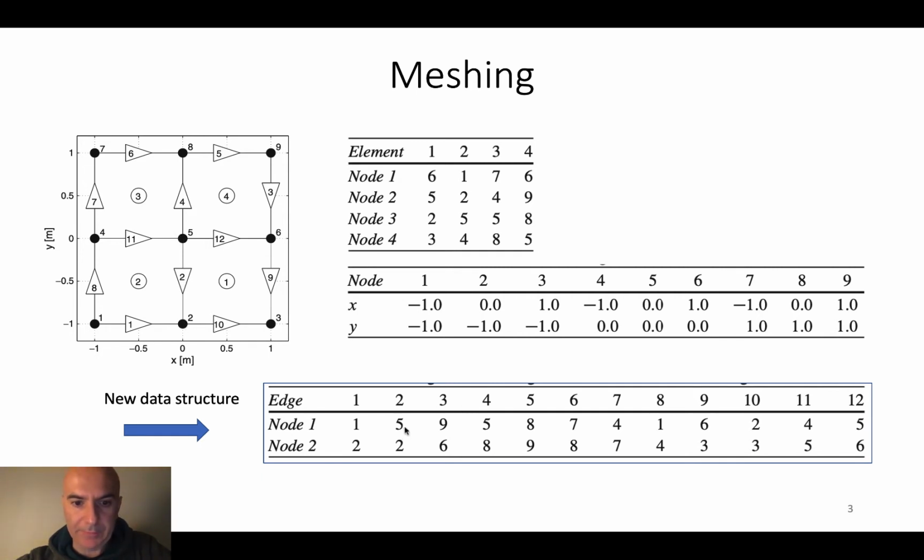So in this case 5 and 2. Edge 3 will correspond, for instance, to node 9 and node 6, as shown here. So when introducing edge elements, we also introduce nodes to give the direction of the edge element.